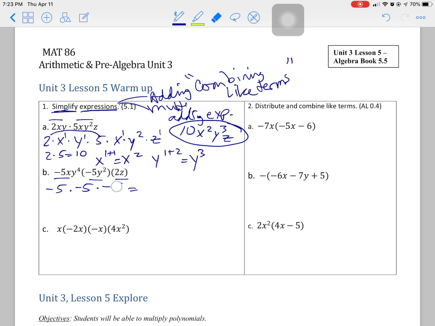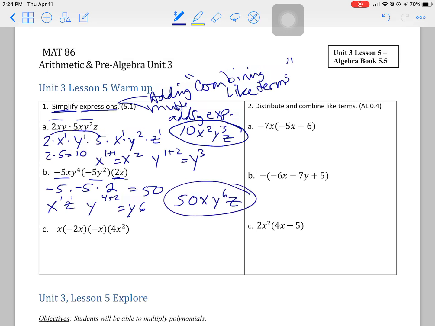Sorry, got carried away. -5 times -5 times 2. That's 25 times 2 is 50. And then we have 1x, we have 1z, and we have y to the 4th plus 2 is y to the 6th. So usually you see them in alphabetical order. So that ends up as your answer.